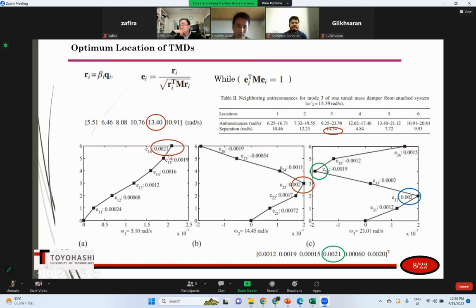But in the first mode shape, we can see that the top floor has the largest magnitude, but the anti-resonance frequency separation is the largest in the sixth floor. So we don't know which one is better.